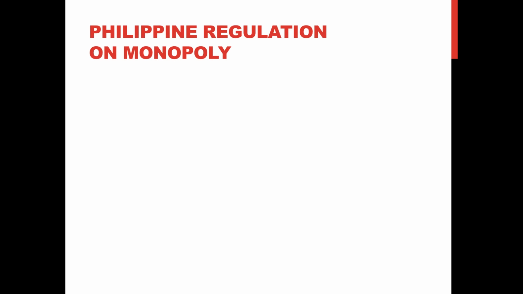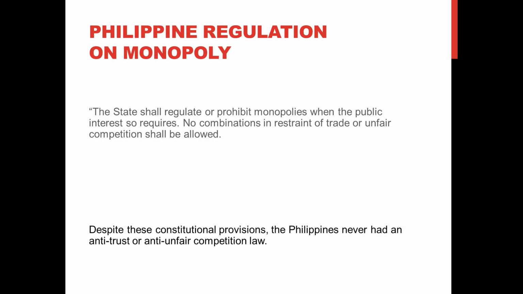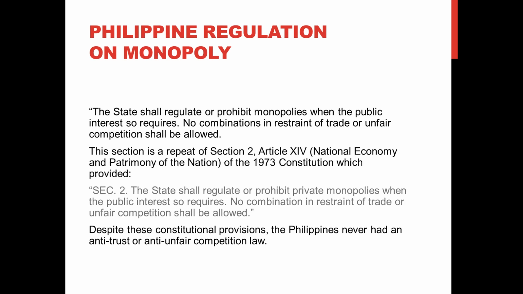But we should note that there are regulations that includes monopoly. The state shall regulate or prohibit monopolies when the public interest so requires. No combinations in restraint of trade or unfair competition shall be allowed.